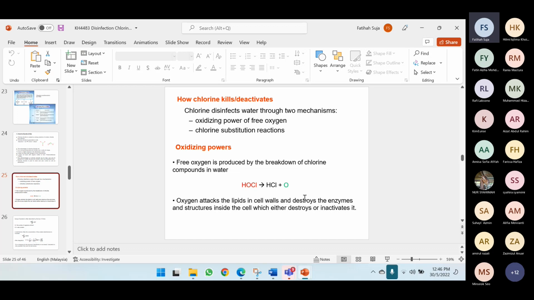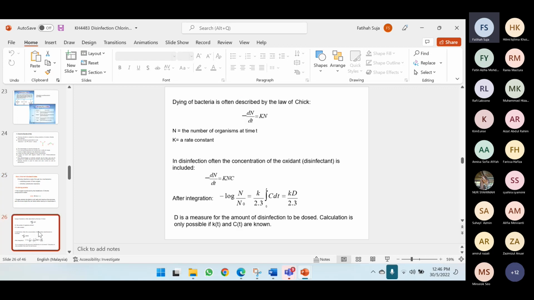So the chlorine will also substitute whatever you have to make sure that the microorganisms cannot live, or they become inactivated.